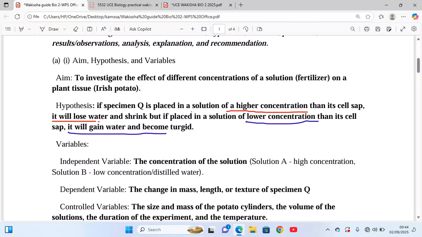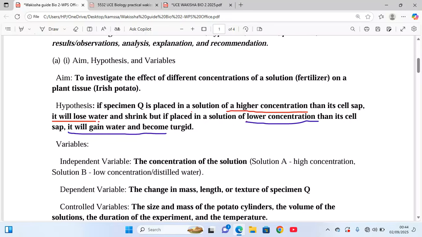Hypothesis: if specimen Q is placed in a solution of a higher concentration than its cell sap, it will lose water and shrink, but if placed in a solution of lower concentration than its cell sap, it will gain water and become turgid. You recall the concept of solutions of different concentrations, where we looked at hypertonic, hypotonic and isotonic solutions.